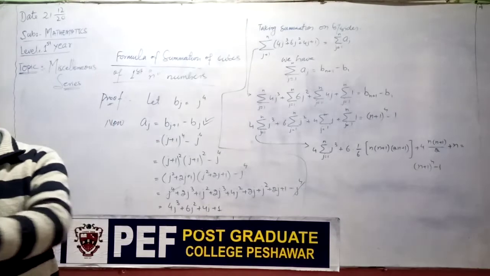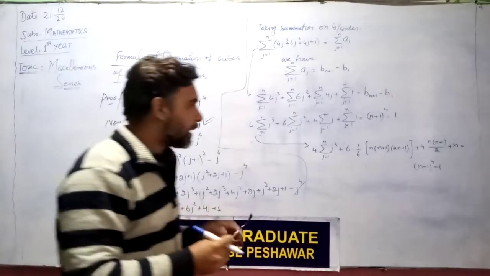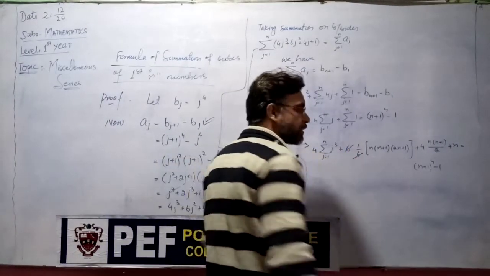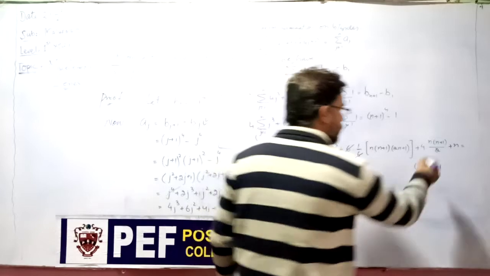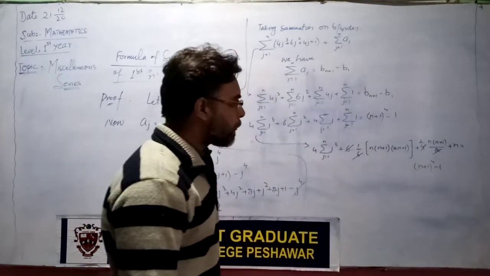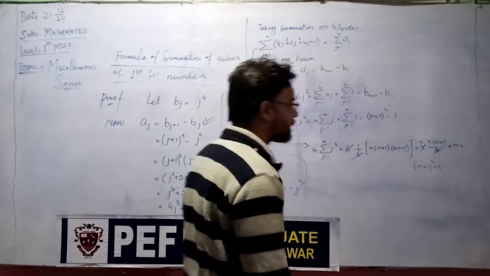Now dear students, by basic mathematics you can simplify all these things. 6 cancels with 6, 2 with 4 on 2, and the left material will be shifted to the right side.